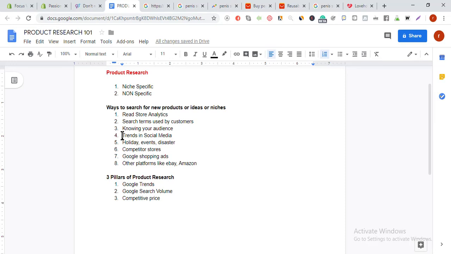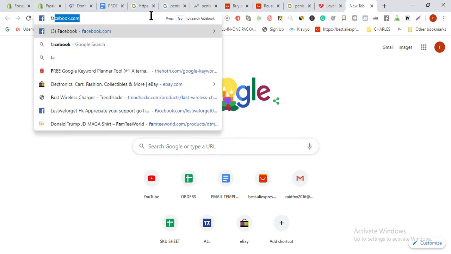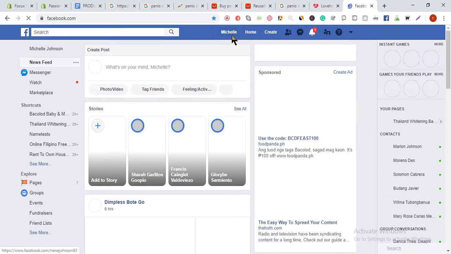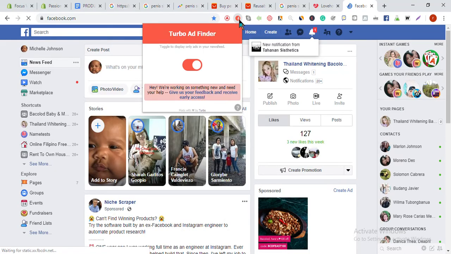You can also use trends in social media. How will you do that? Or ads in social media. So let's say, let's log into your account, and you can do this. The Turbo Ad Finder. So what it's going to do is just show you ads that are paid.